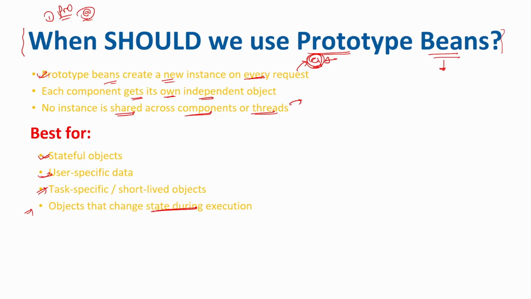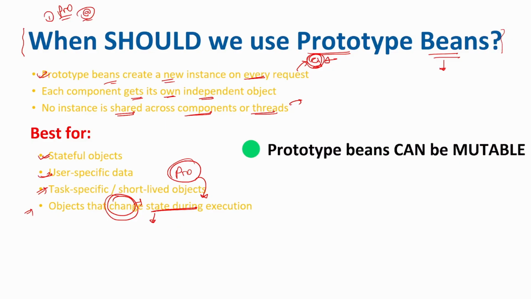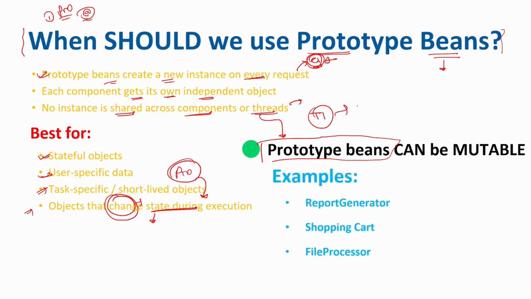As we have seen earlier, Singleton beans are not useful for objects that change during execution, but prototype beans are suitable for objects that change state during execution, and prototype beans can be used for stateful objects. So from here we can say that prototype beans can be mutable because each thread gets its own instance, and therefore it becomes thread safe by default.